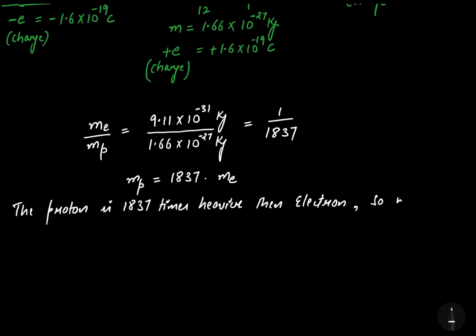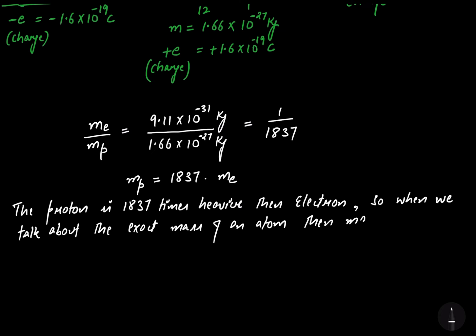So when we talk about the exact mass of an atom, the mass of electrons is negligible, because they are much lighter than the protons and the neutrons which are present in the nucleus. So in practicality, we are talking about the mass of the nucleus only.